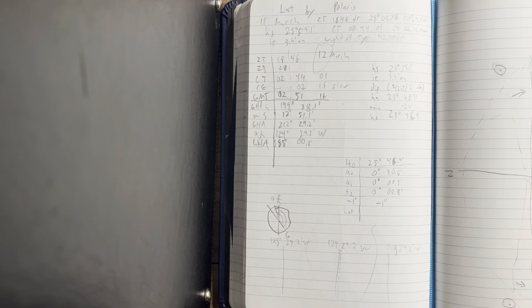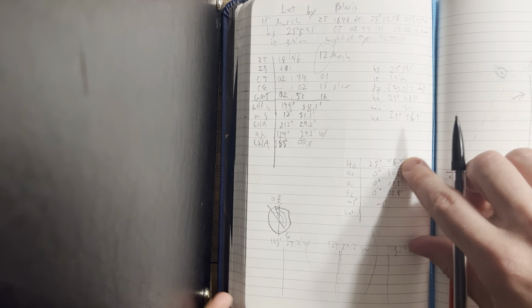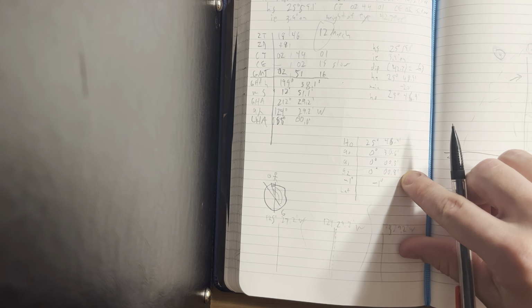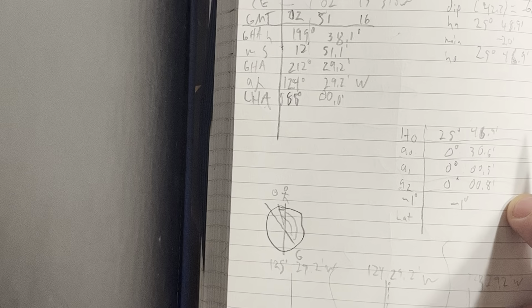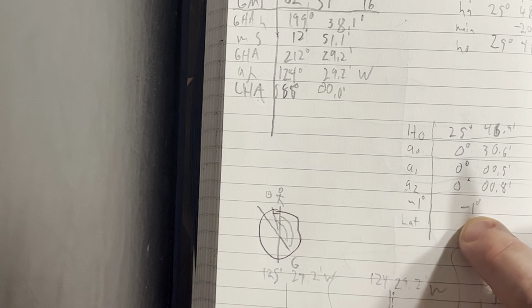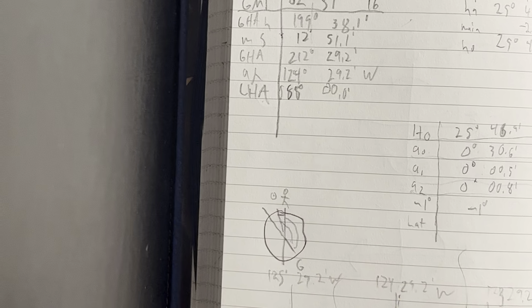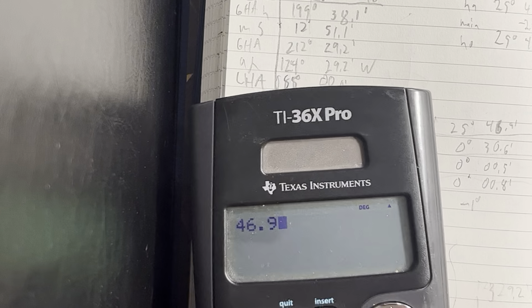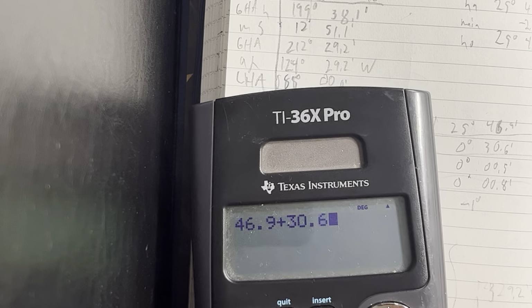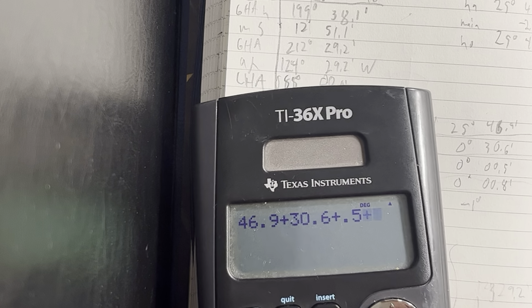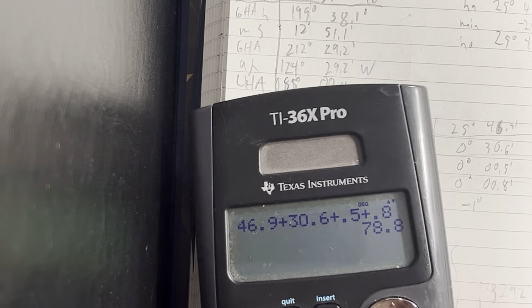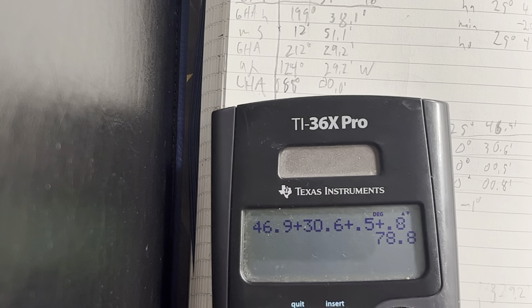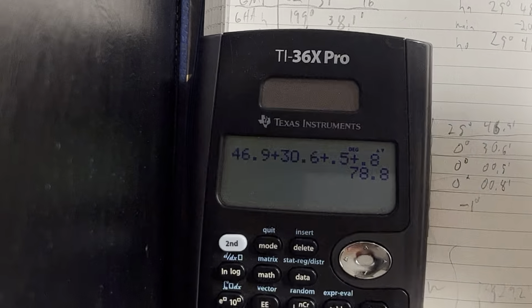Now what we do is we take HO, A0, A1, and A2, and we add them all together, and then at the end, we just subtract 1 degree, and that'll give us our latitude. So we do 46.9 plus 30.6 plus 0.5 plus 0.8. That gives us 78.8, which would technically carry over.